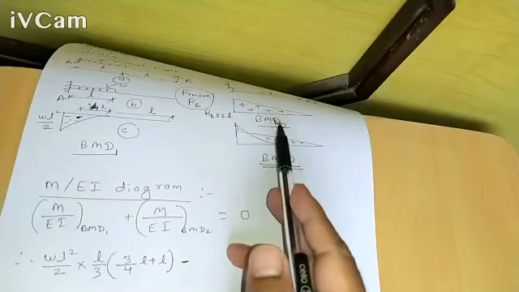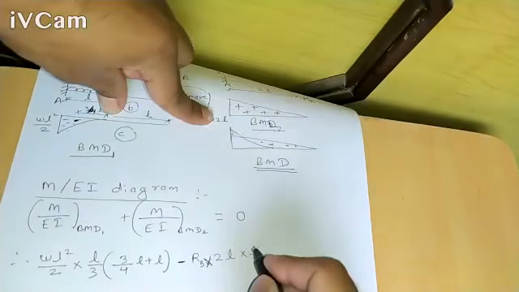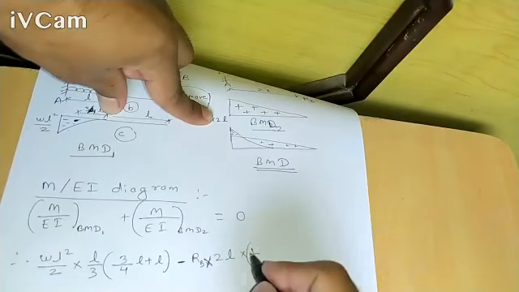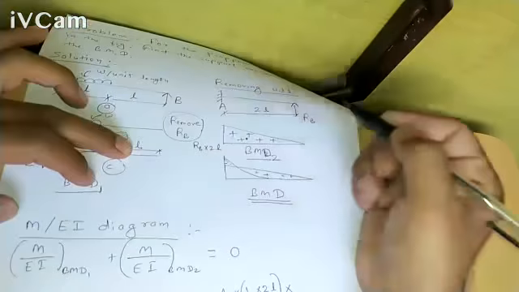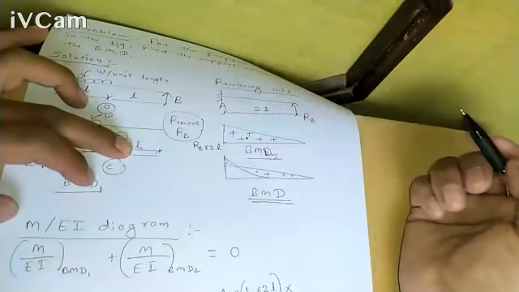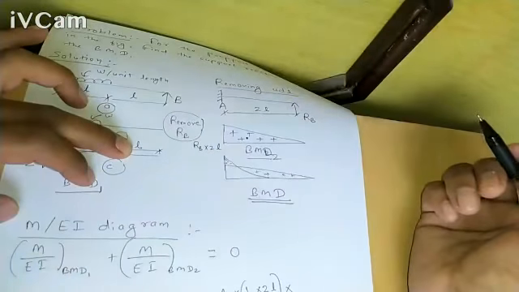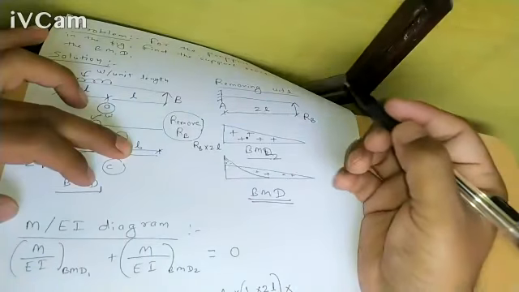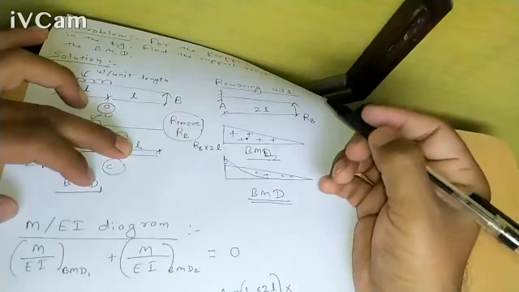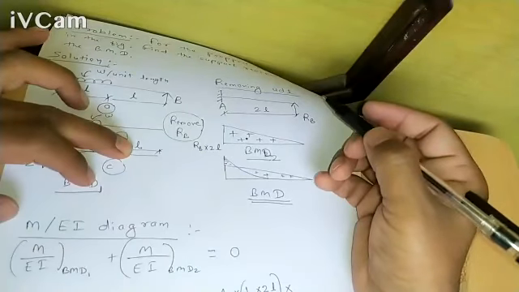So this is 2/3 of 2L, and this is going to be 0. The only unknown now is RB. This is divided by EI and this is also divided by EI, so the EI will get cancelled out because there is a 0.